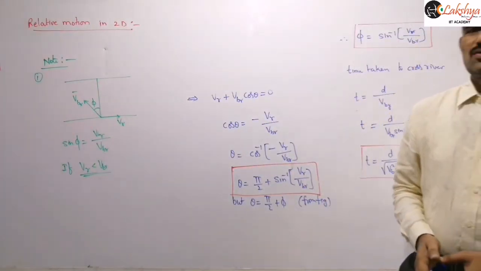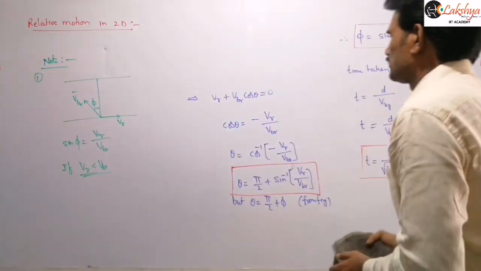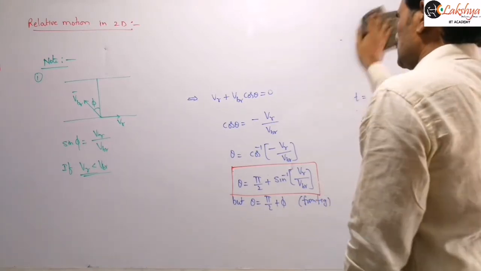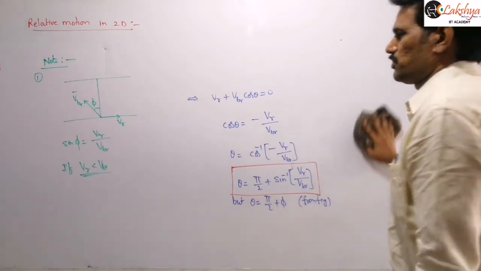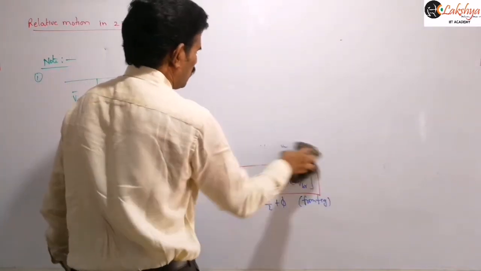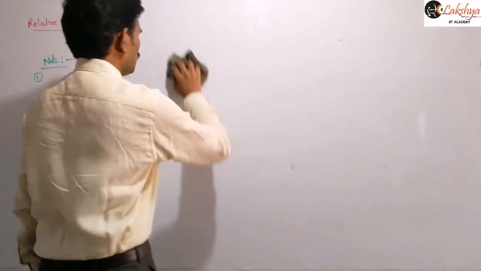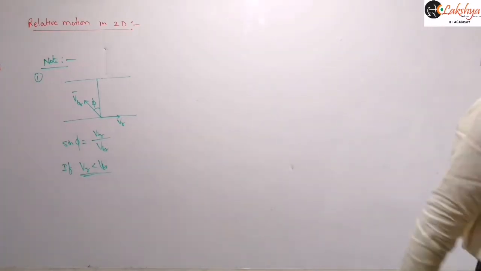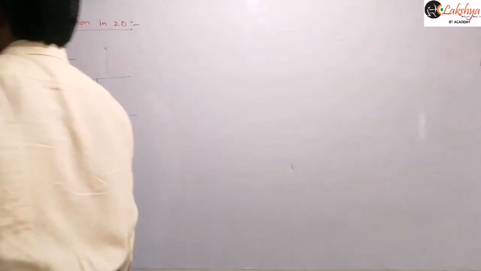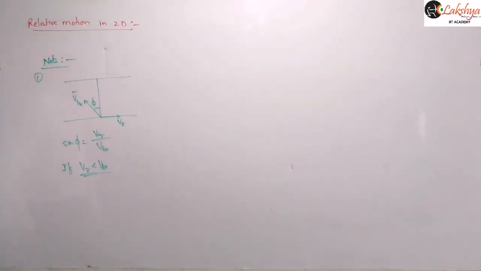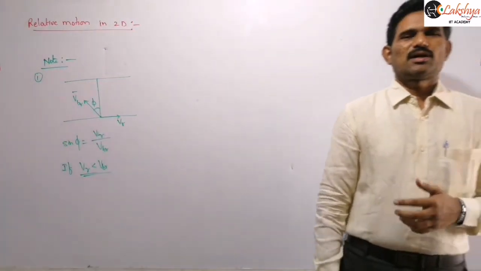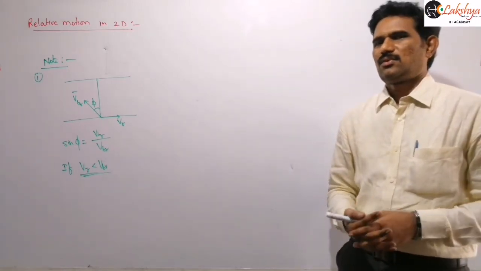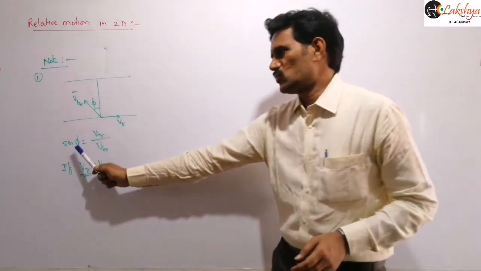We know that to cross the river in the shortest possible path, the direction of the boat with respect to the river should make an angle phi with the normal to the direction of river flow, which is given by sin phi is equal to VR by VBR.